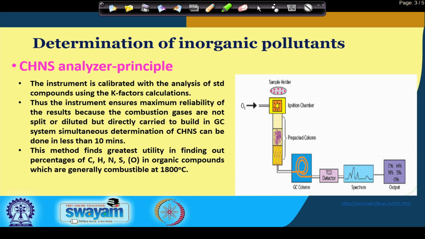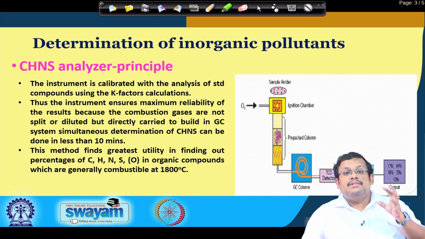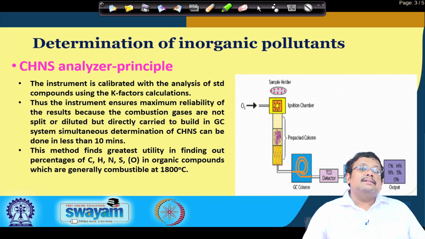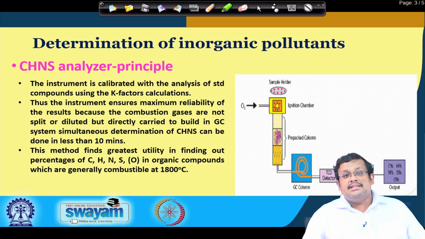They are not diverted anywhere, they are directly carried to the GC system for simultaneous detection of the CHNS in less than 10 minutes. So, it is very fast also. This method finds greatest utility in finding out the percentage of carbon, hydrogen, nitrogen, sulfur and oxygen in organic compounds which are generally combustible at 1800 degree centigrade.